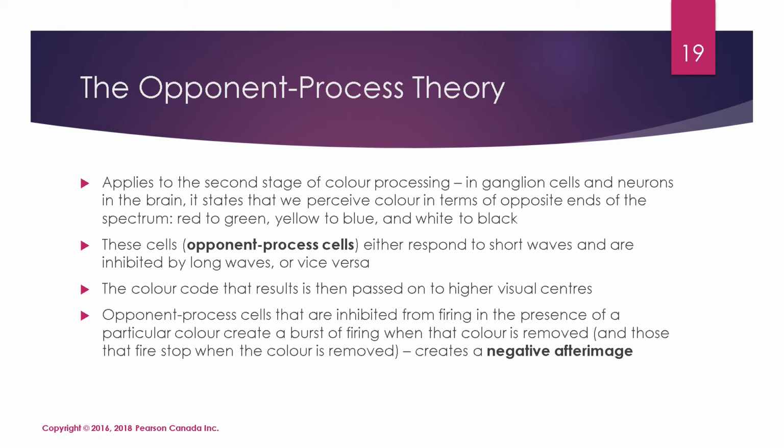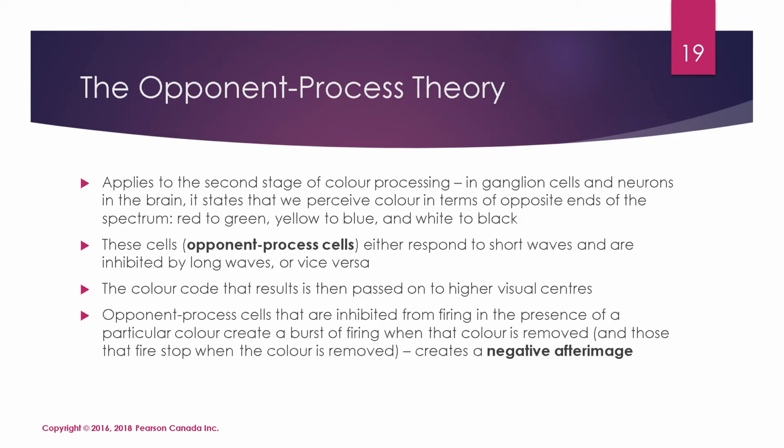And the axons of the ganglion cells come together to produce the optic nerve. So basically, the opponent process theory would be occurring within the ganglion cells and the neurons within the brain, a little bit later on in the process.